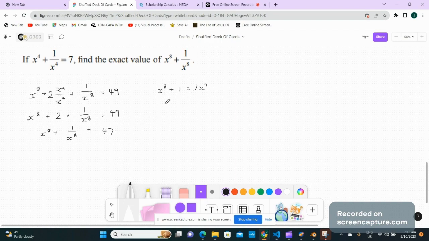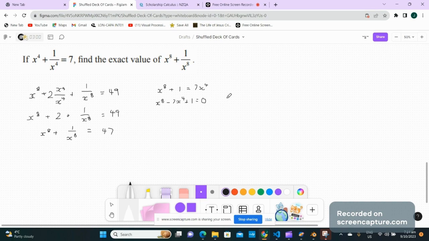From following this, we're going to tidy it up a bit. x to the 8 minus 7 x to the 4 plus 1 equals 0. So now, as you can see, we've got a bit of a quadratic.